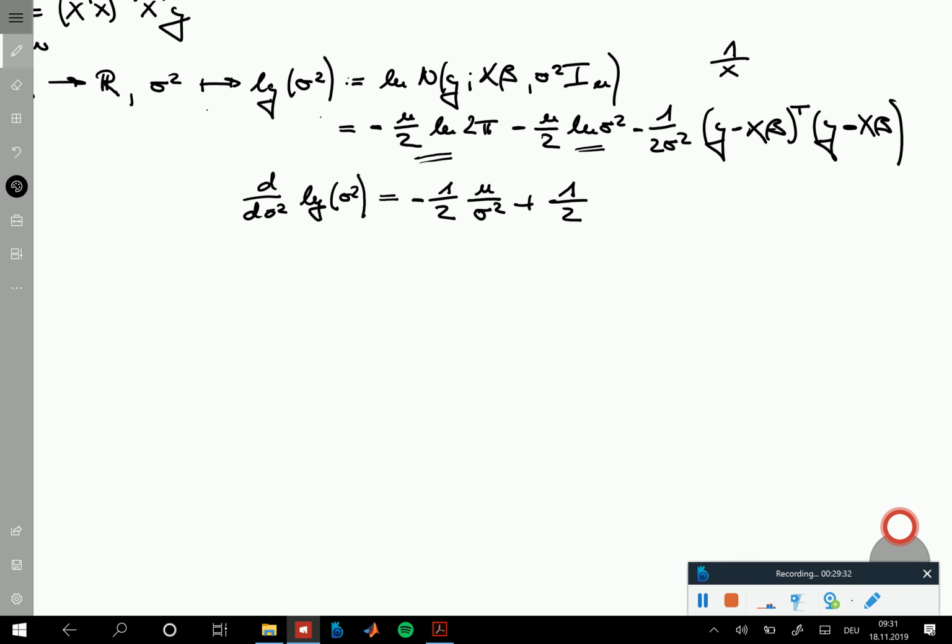So what's the derivative of 1 over x? Divided by x squared. And there's one other thing. And a half.